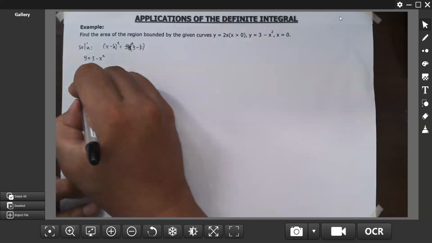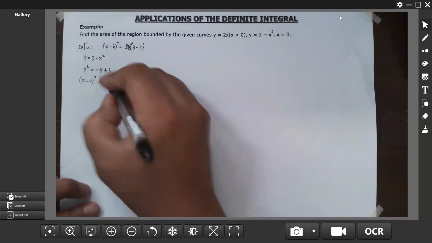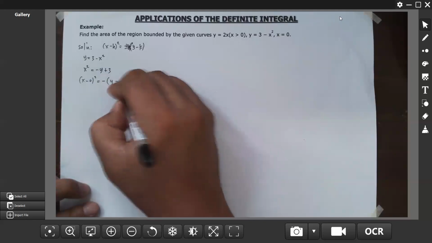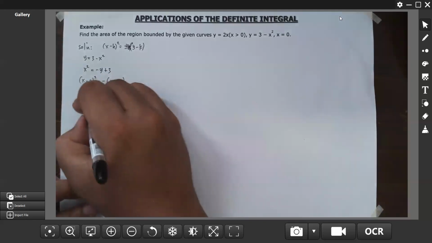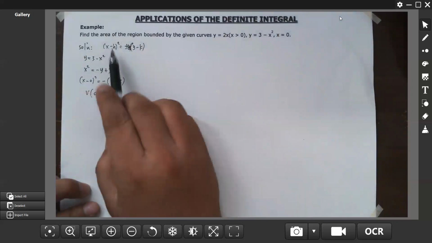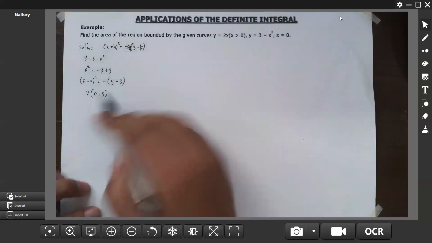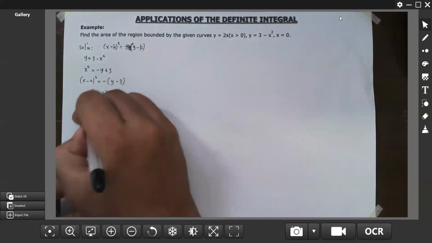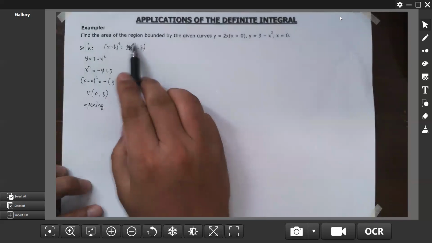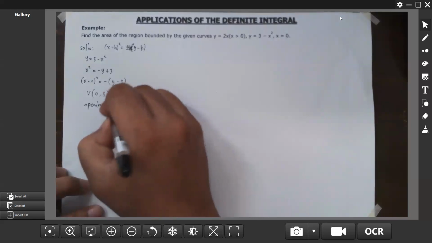Okay lang. It's the same as x minus 0 squared. And then for the right side, you extract the negative sign. And positive 3 over negative 1, it's negative 3. So the vertex is at 0 and 3. Take note, ang default is negative. So the vertex is at 0, 3, and opening, pag 1 ang exponent sa y, 2 sa x, it's opening upward or downward na siya.